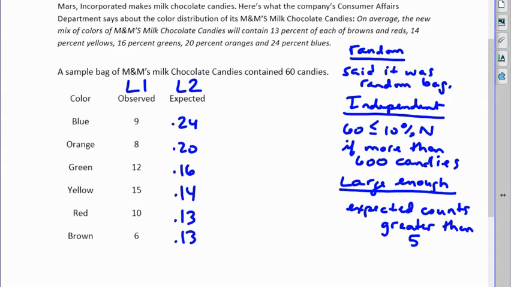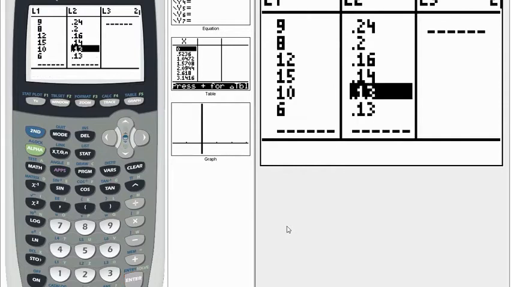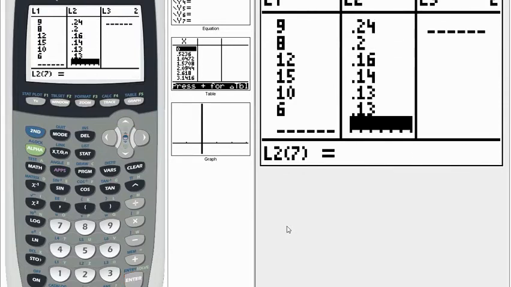I've put the observed values in L1, and the proportions reported by Mars Candy, which are going to give our expected values, in L2. You cannot use the proportions to do this calculation. You need the actual expected count.